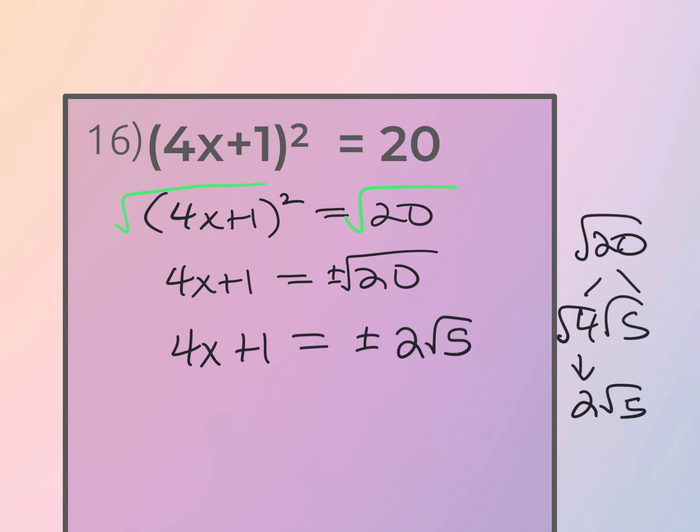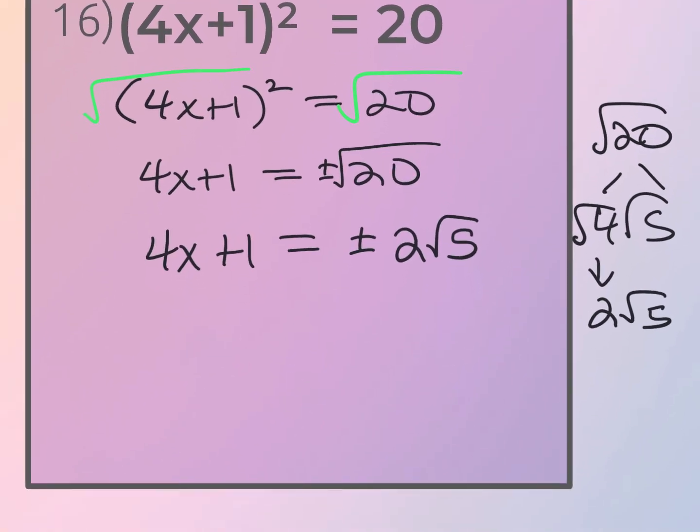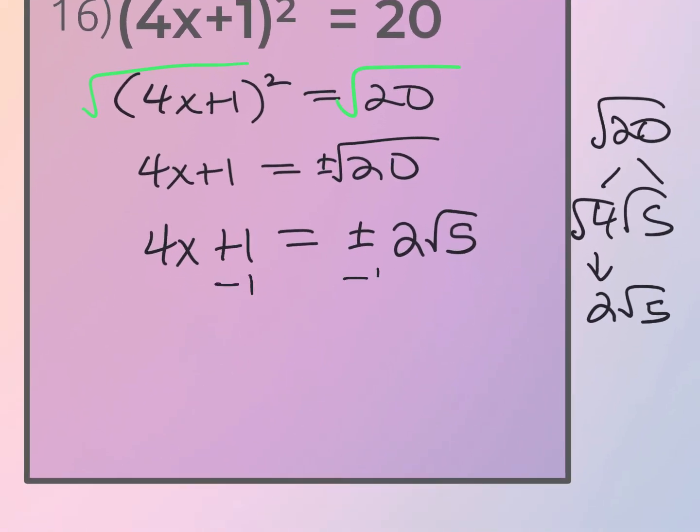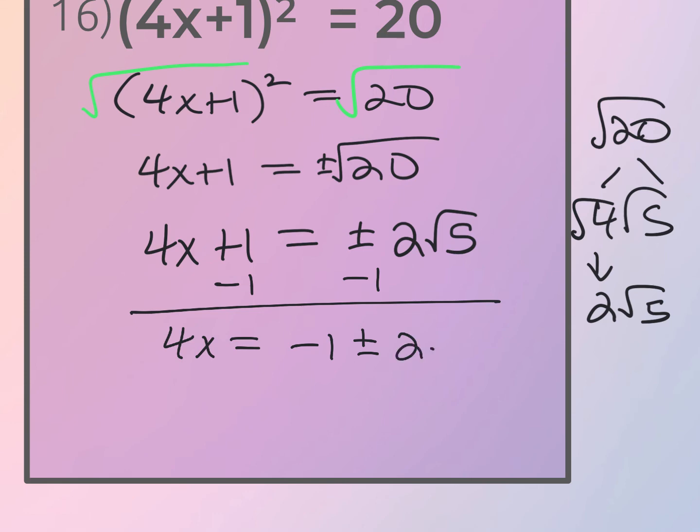Now, we need to get x by itself. So I need to subtract 1. 4x is equal to negative 1 plus or minus 2 square root 5. And now I have to divide by 4.